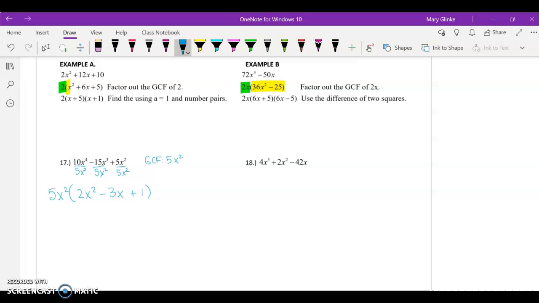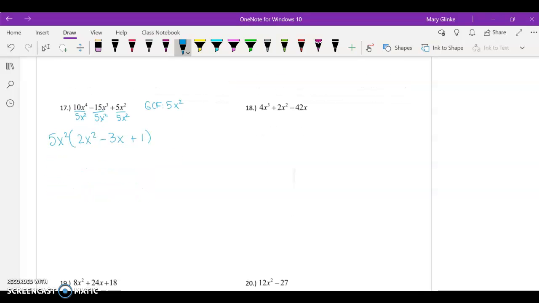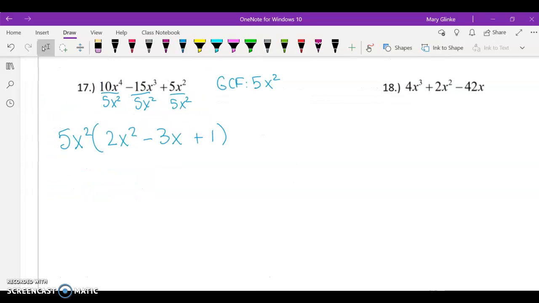So we have factored out our GCF and we'd be tempted to say that we are done, but I'm going to zoom in a little bit here. Looking at this remaining polynomial, we can factor this further. So we are going to identify A is 2, so we have to use split middle term.